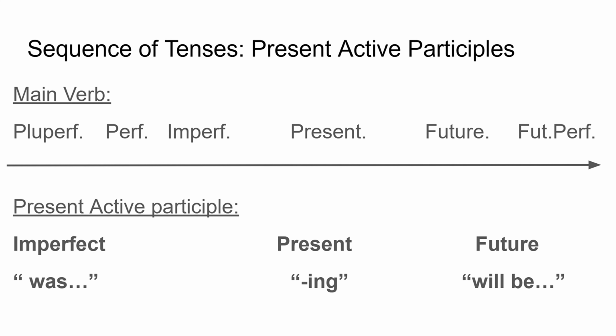I don't need a past tense or a future tense because my main verb is in the present tense. If I have a future tense for my main verb, then I have to translate my present active participle as a future because it's happening at the same time. So while I will be walking. All it means is that I need to make my present active participle match the tense of my main verb. That's it. It sort of takes it like a little sponge. It has to latch on to the tense of the main verb and change accordingly.